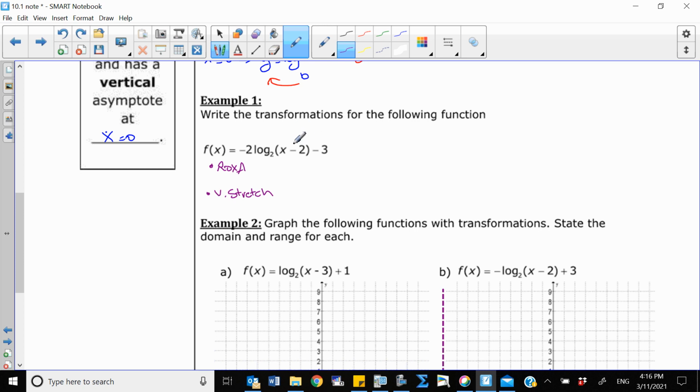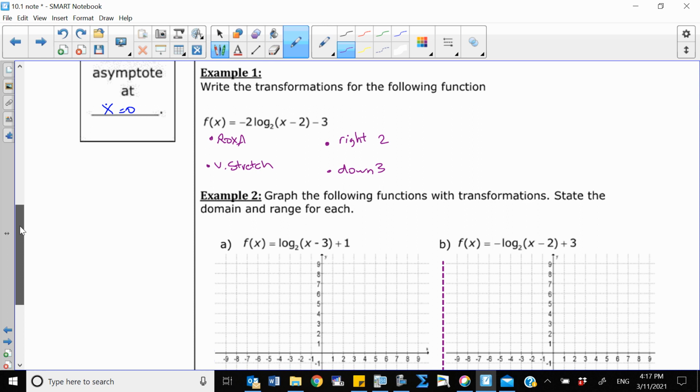Then you are subtracting 2 from x. This means we are moving to the right for 2 units. Then we subtract 3 from our function. This is outside of this parenthesis, outside of this log. So this means we are moving our function down 3.